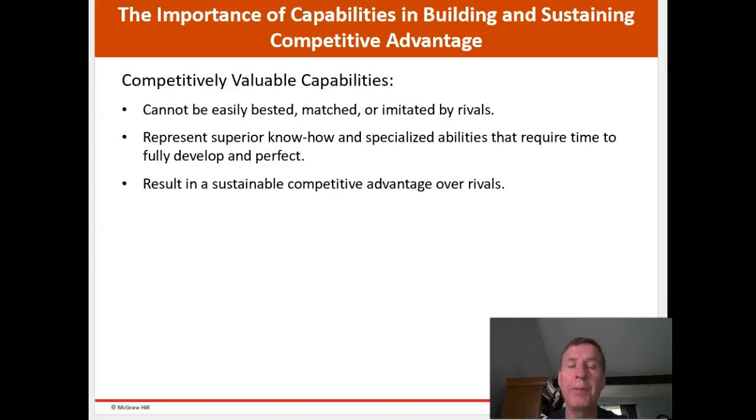Firms that have capabilities that are strong and well-matched, that bring value to the customer, that are cost-effective, are things that we want to take advantage of and retain. Things that are costly or difficult for the competitors to acquire or imitate, those are the things that are long-term sustainable.